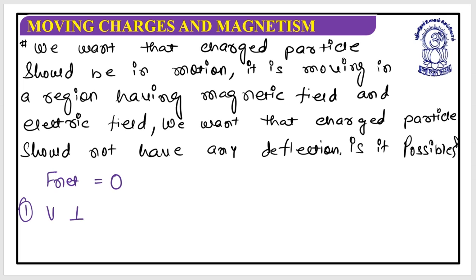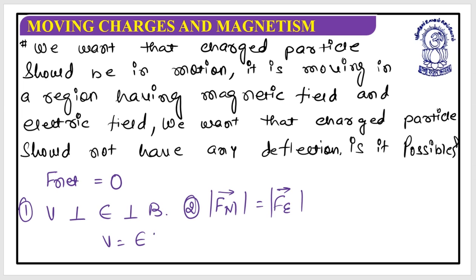First, arrange such that V is perpendicular to E, perpendicular to B. These three should be perpendicular to each other. The second condition for this arrangement is that the magnitude of the electric force and the magnitude of the magnetic force will be equal. If it is the case, then it would be the case of a velocity selector.